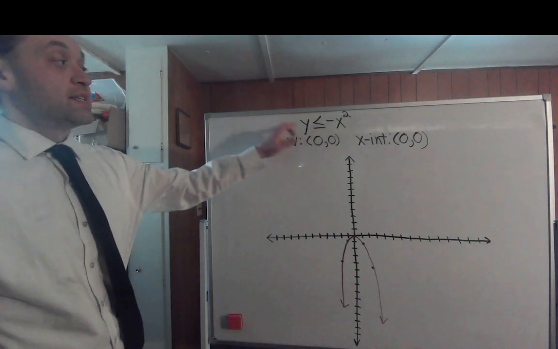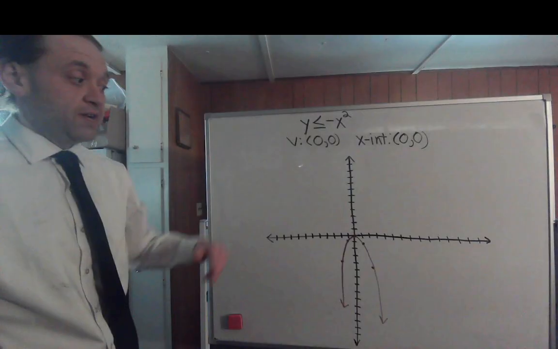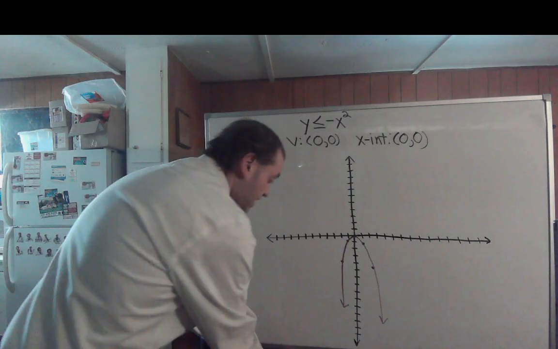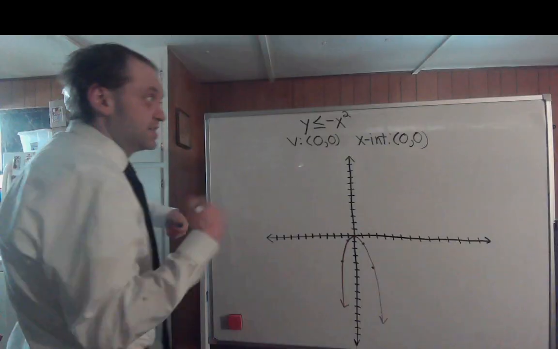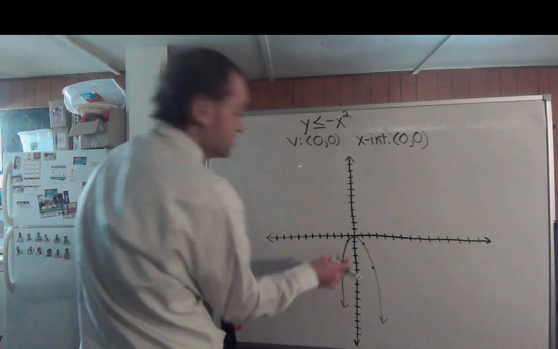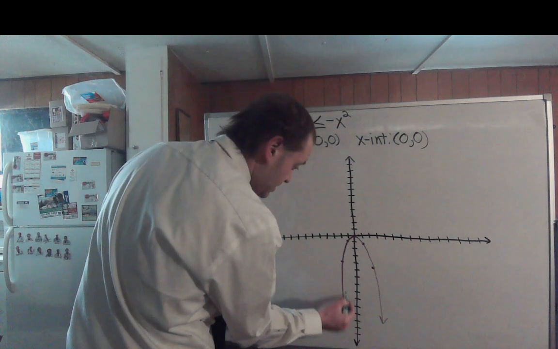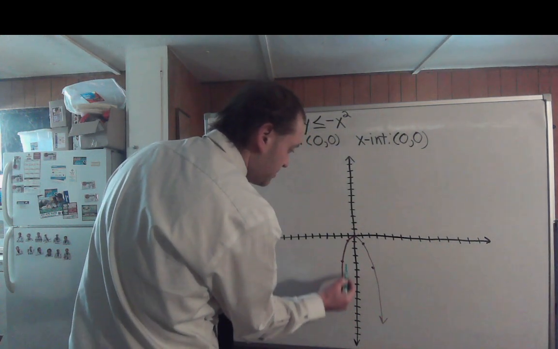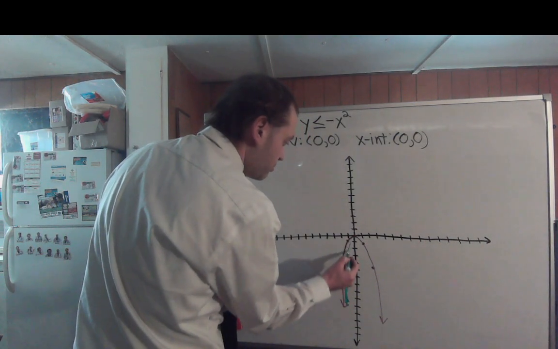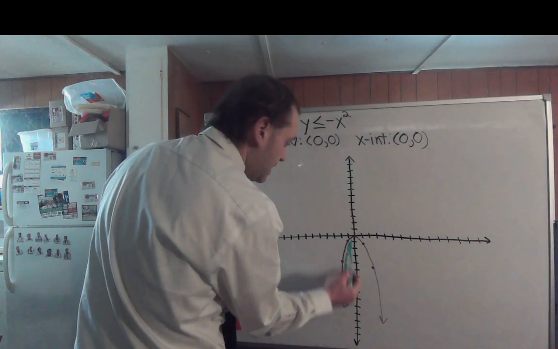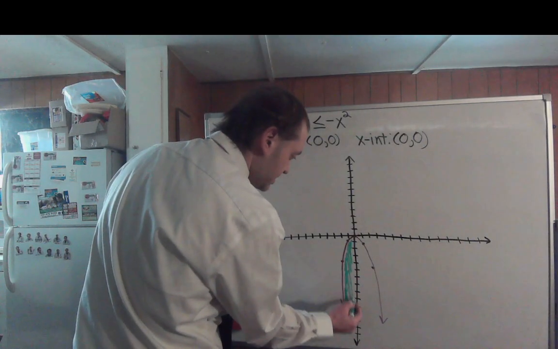Now y is less than or equal to negative x squared. That means we're going to shade everything below the curve then, since it's less than or equal to. And the solidness indicates that the curve itself is part of the solution. So just shade everything below the curve here, below the parabola, and you'll have the area that you need to shade.